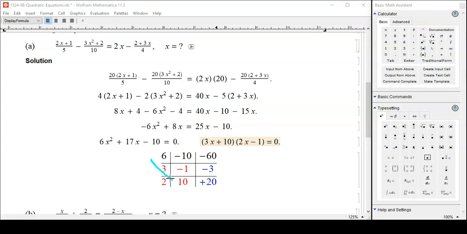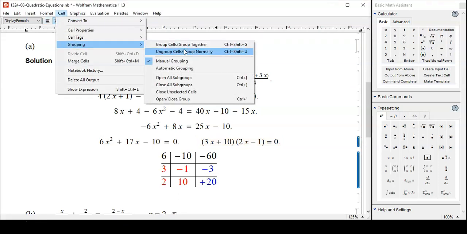So cross multiply, 3, 10, and then 2, negative 1 like that. Okay? All right. Okay, we got the factorization done, so I don't need this tic-tac-toe anymore.